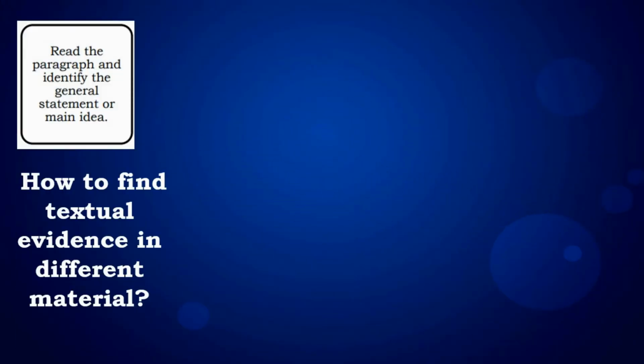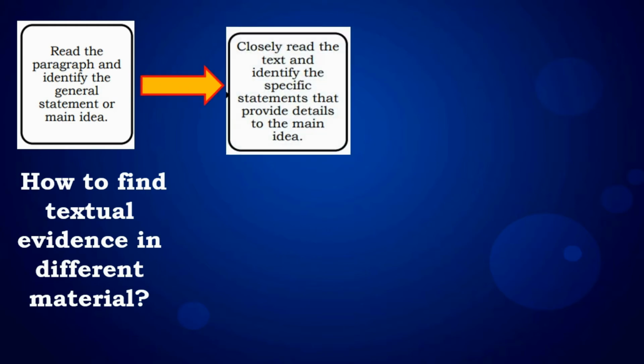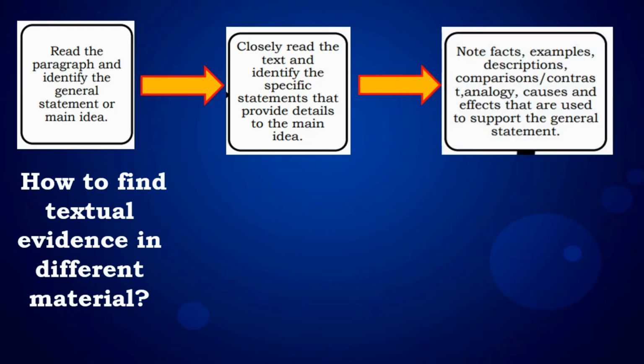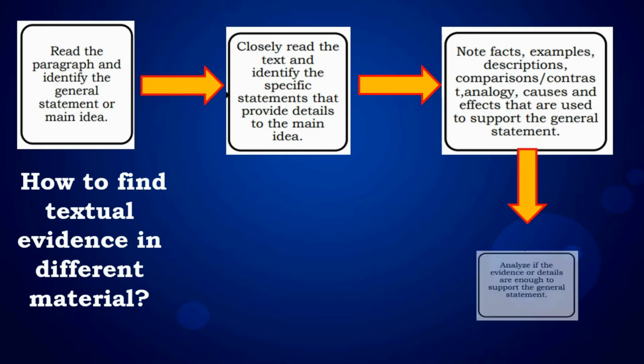First, read the paragraph and identify the general statement or main idea. Second, closely read the text and identify the specific statements that provide details to the main idea. Third, note facts, examples, descriptions, comparison or contrast, analogy, causes and effects that are used to support the general statement.